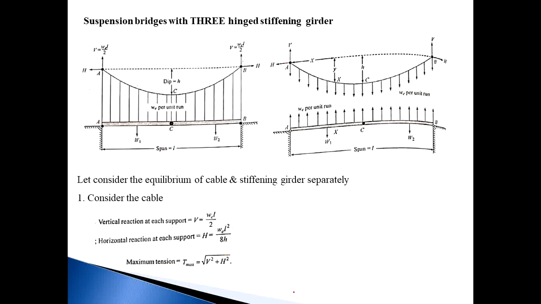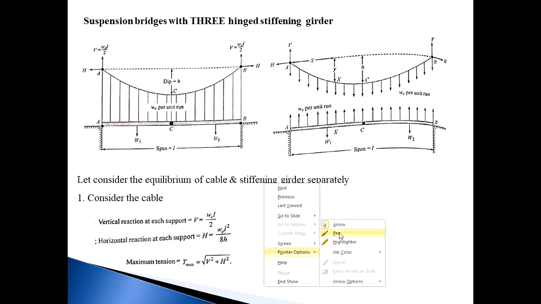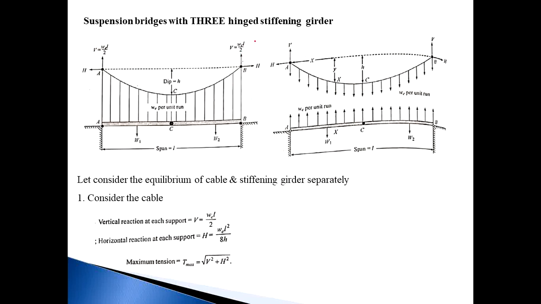Next, we study suspension bridge with a 3-hinge stiffening girder. The cable is supported at points A and B, and this is the girder, supported by the cable, and on the girder there are external loads W1 and W2.